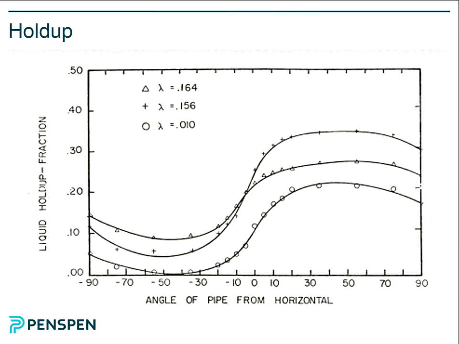So the first one there is stratified. It's literally a strata of liquid, like a strata of rock. High gravity, gas on the top, liquid on the bottom. And as you increase the velocity of the gas, you get wavy. So you get literally waves forming on top of the liquid as the gas whizzes past it. And then annular. That's the liquid travelling along the outside with the gas whistling down the middle. So they're the stratified flows.